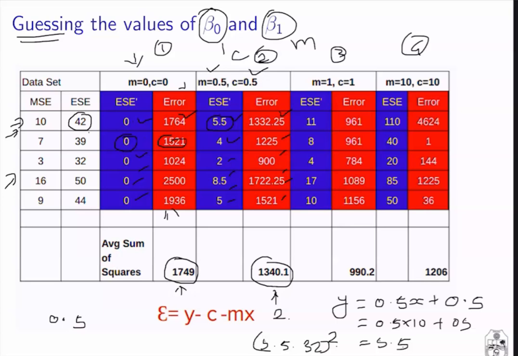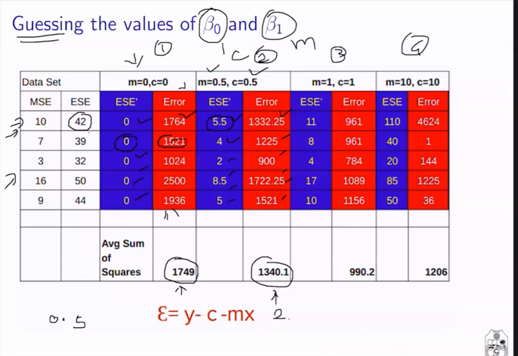Now let us take the third iteration. In the third iteration, I am adding 0.5 to the previous values, that is, m is 0.5 and c is 0.5. So m and c now become m equal to 1 and c equal to 1. My equation of the line becomes y equal to 1x plus 1.